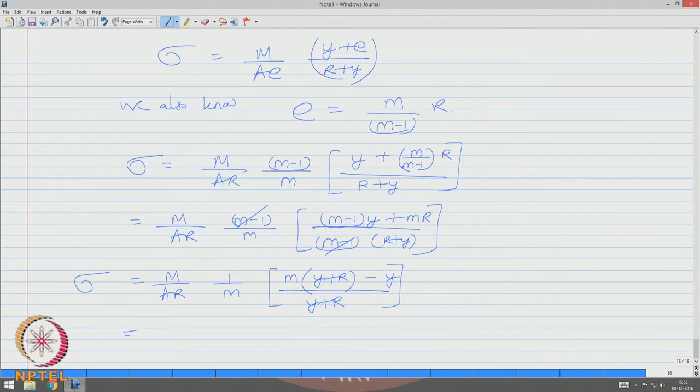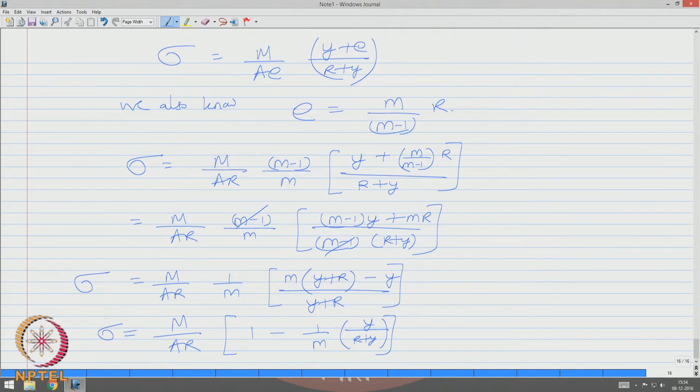or in simplified form, m by A r. If you multiply the first product with this, you get 1 minus 1 by m of y by r plus y.